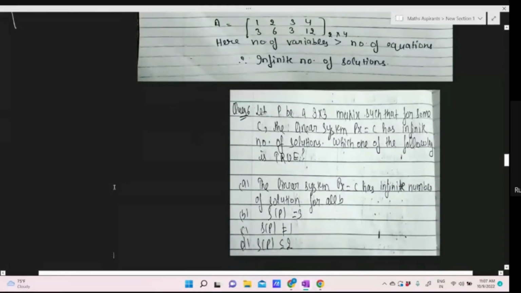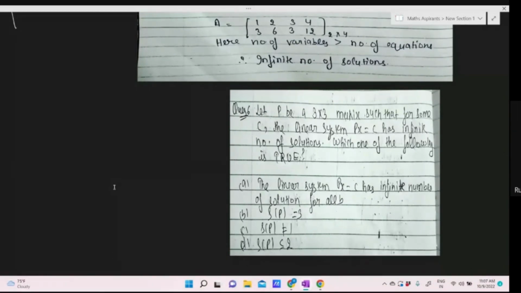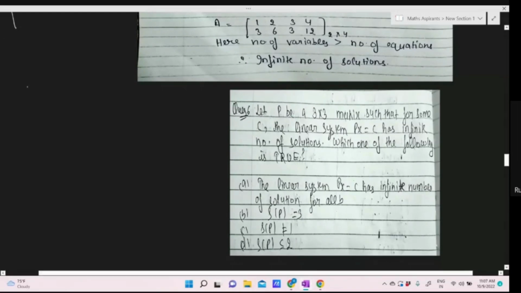Let us consider another question. If P is a matrix of order 3 cross 3, then for some C, the linear system Px is equal to C has infinite solutions.